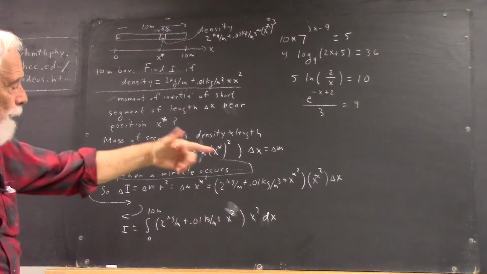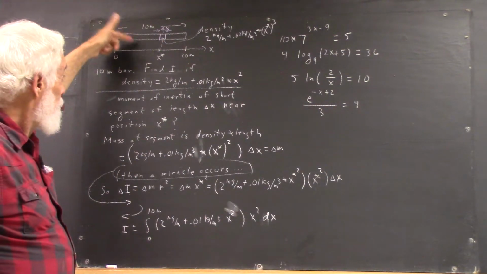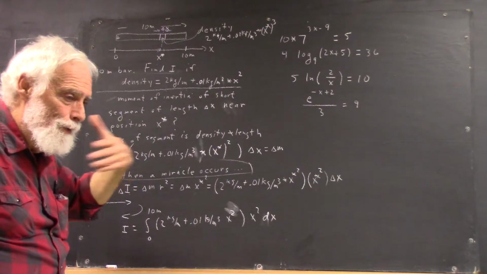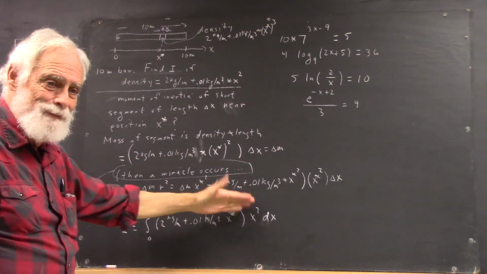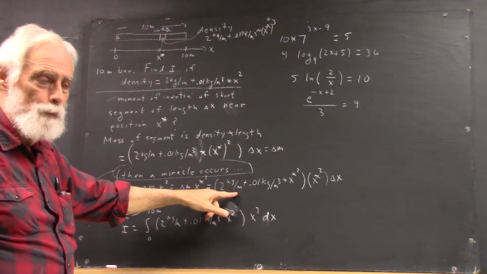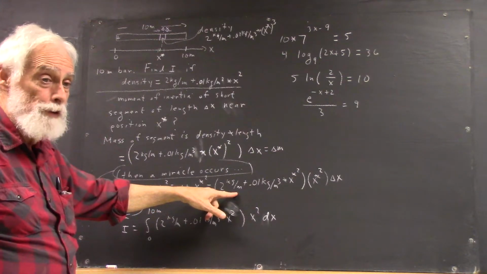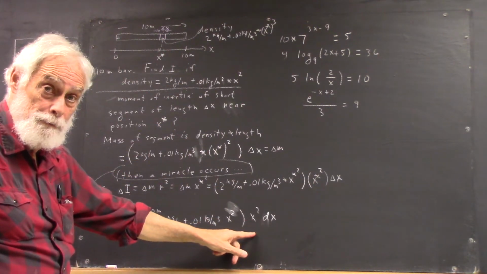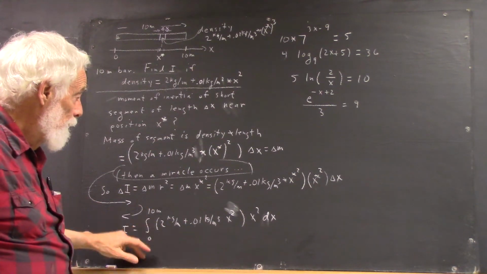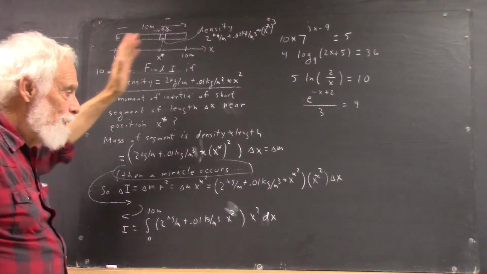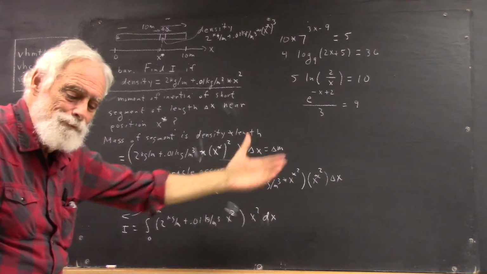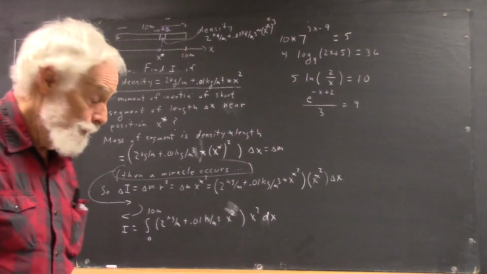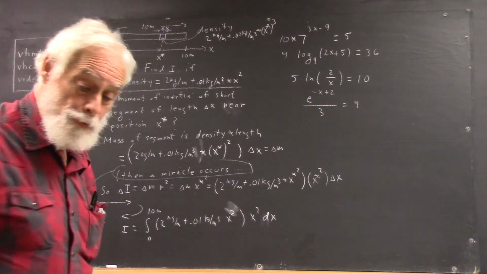If we sum these up over all such increments, this being the typical increment, the bottom line is that what we get for one single increment of this bar gives us the expression we have to integrate, and the limits on the integral will be the limits on the positions that x star could be. We'll talk more about that. Do the integral, and understand as much of this as you possibly can.